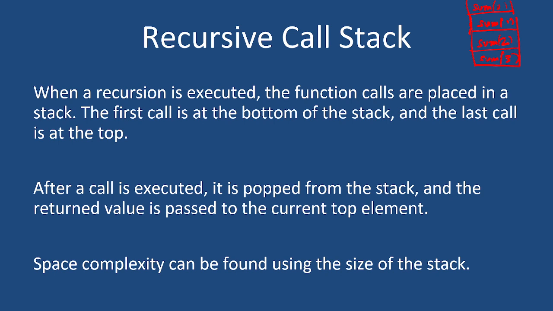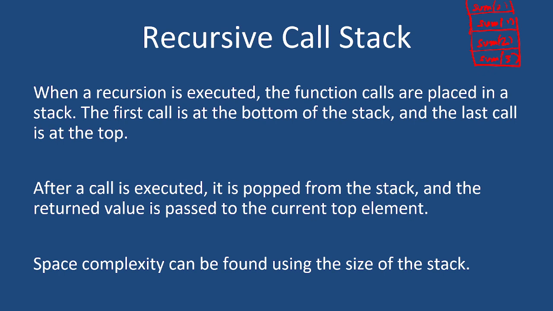What would sum 1 do? Add 0 to 1 and then return 1. What would sum 2 do? Add 1 to 2, returns 3. What would the final sum 3 do? 3 plus 3 and return 6.